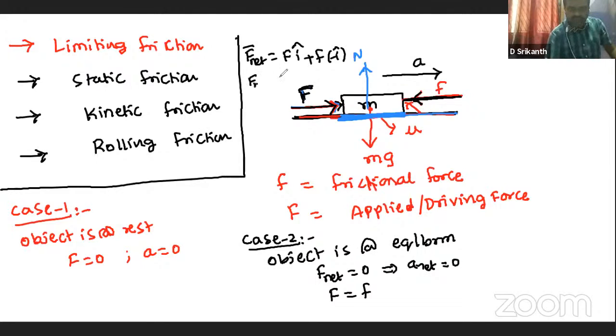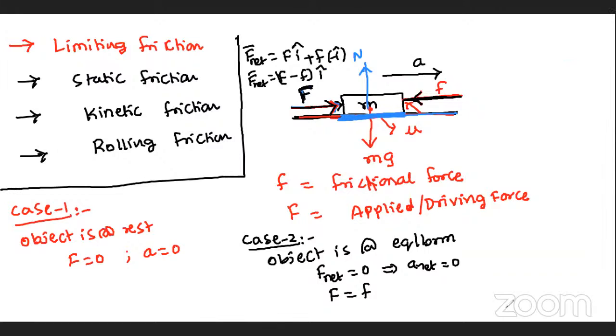So F net vector equals capital F minus small f times i cap. Is it right? Force equal to applied force minus frictional force.